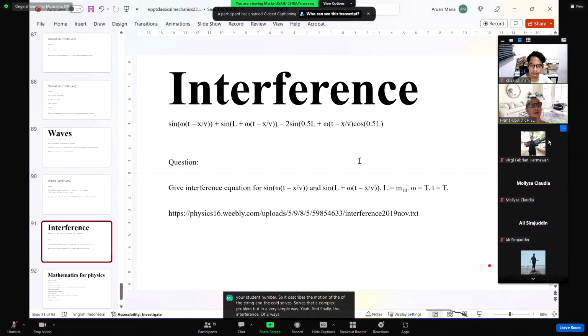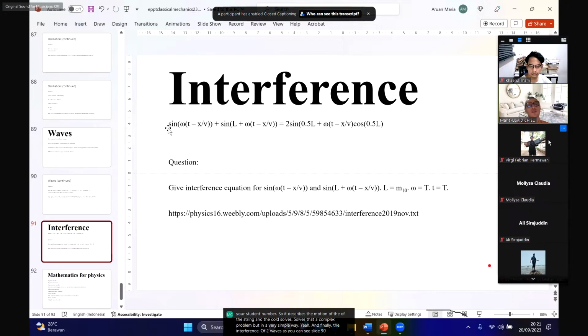And finally, the interference of two waves. As you can see, slide 91, there are two waves, first sine and second sine, sine omega t minus x over v. Here, x is the distance and v is the velocity. That's how a wave moves, right? One sine and another sine, using the law of sines, will give you two sines times cosine.